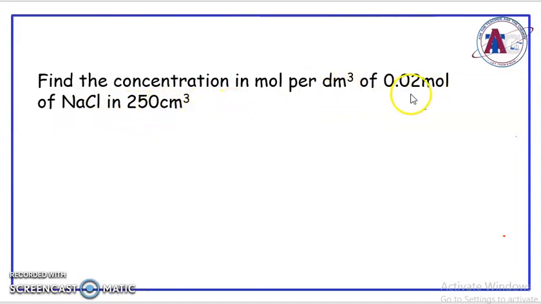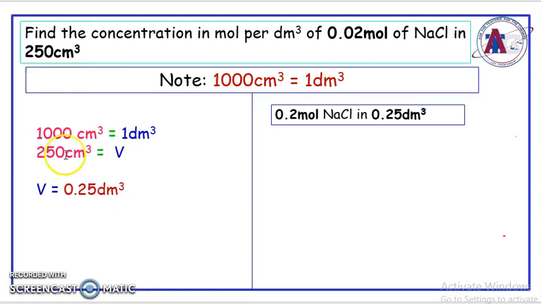Now, this is 0.02 mole in 250 cm³, and you are asked to find the molar concentration. What did we say that molar concentration is? We said that molar concentration is the mole in 1 dm³, right? Good. This is 250 cm³, not 1 dm³. How do we now convert this to dm³ so that we can find the molar concentration?